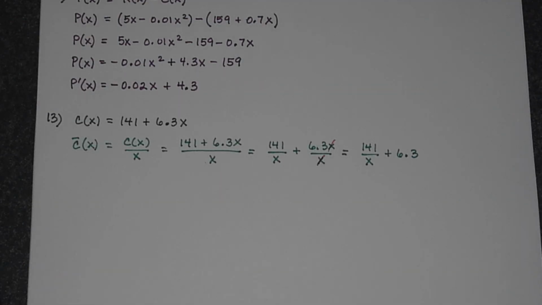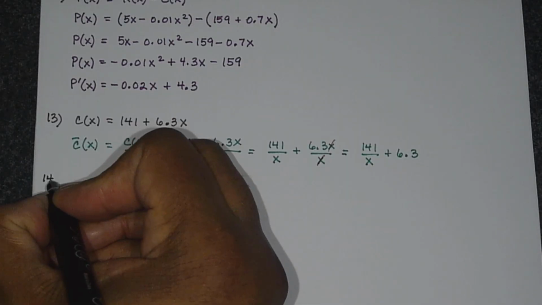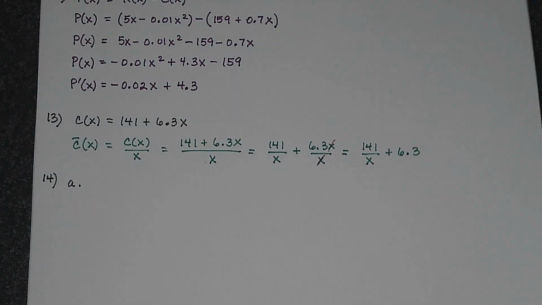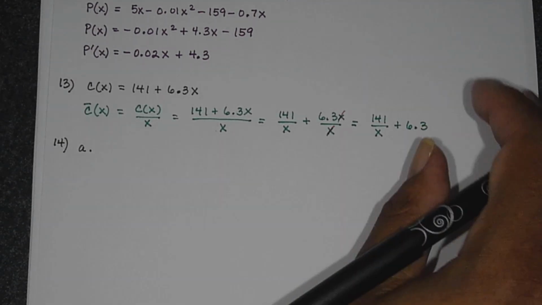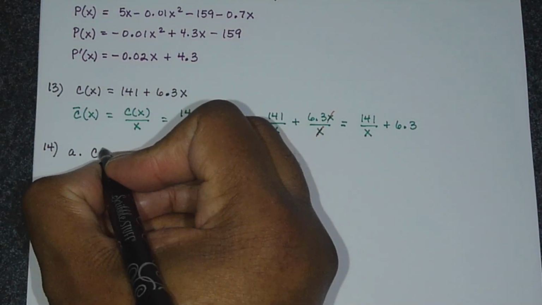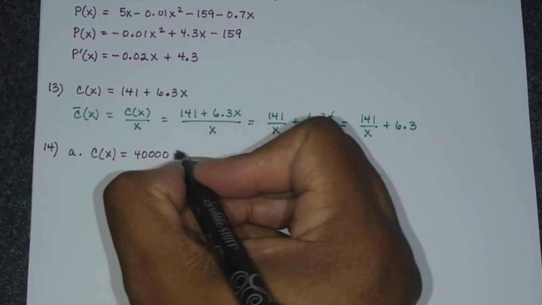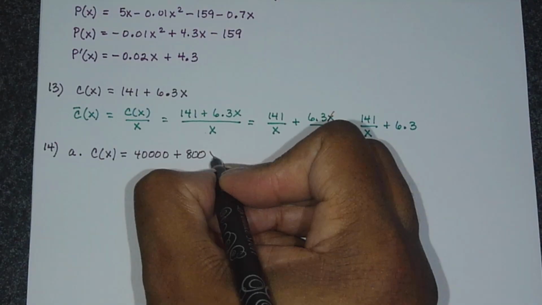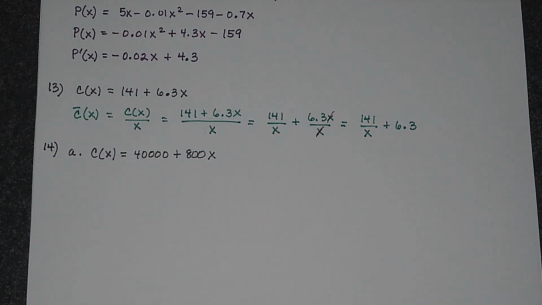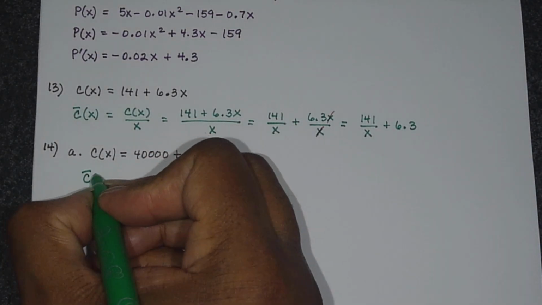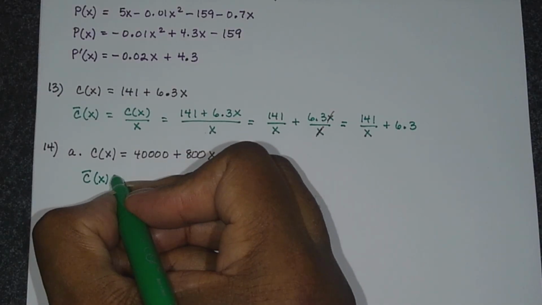All right, so let's start with number 14, part A. And we're told that C of x is equal to 40,000 plus 800x. In this case here, we're finding the average cost per unit. So that means C bar of x means the average cost.